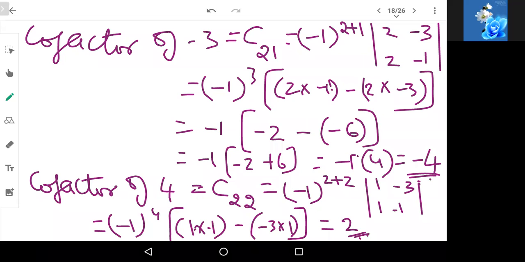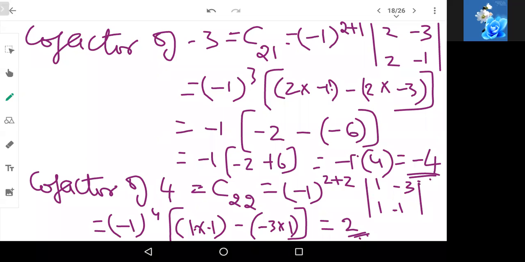Anusha, is that the answer for cofactor or is it the final answer? Cofactor, okay. Minus 14, 2, minus 10, minus 4, 2, 2, and is it 10 or 0? Second row, third column. Just check that.